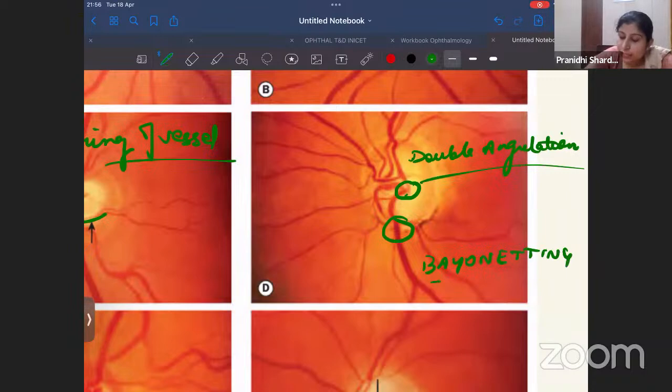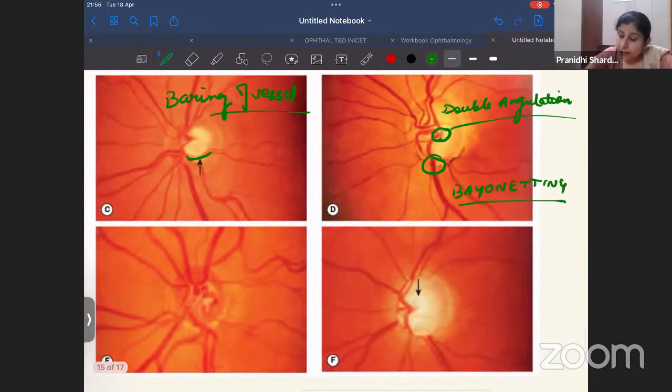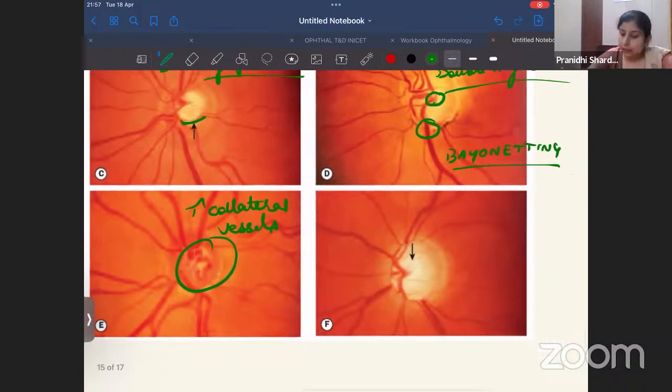Double angulation or increased bending of the vessel. Other is collateral vessels. Increase in the collateral vessels. Other is there are small blackish dots seen, with the name of laminar dot sign.